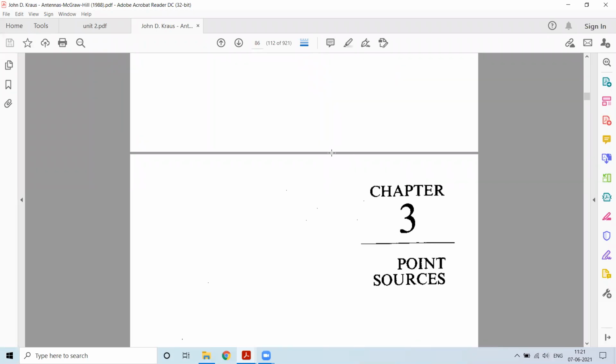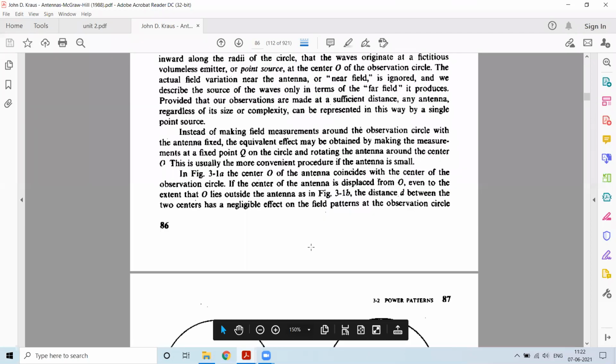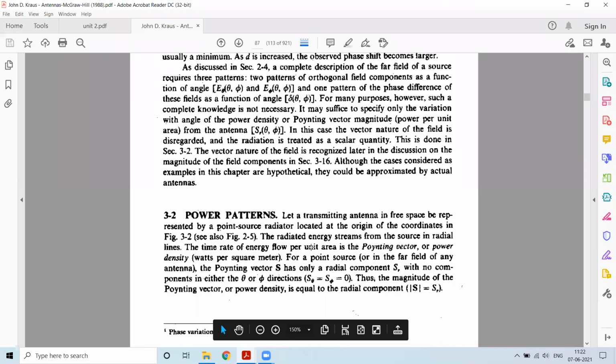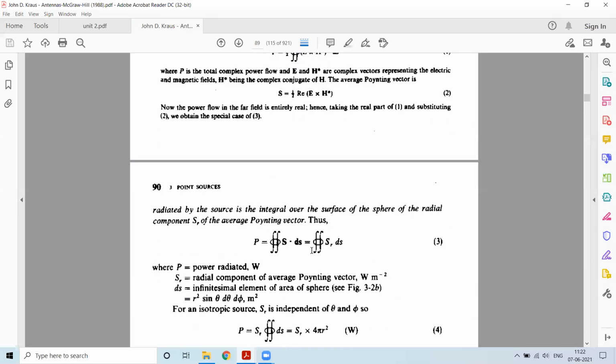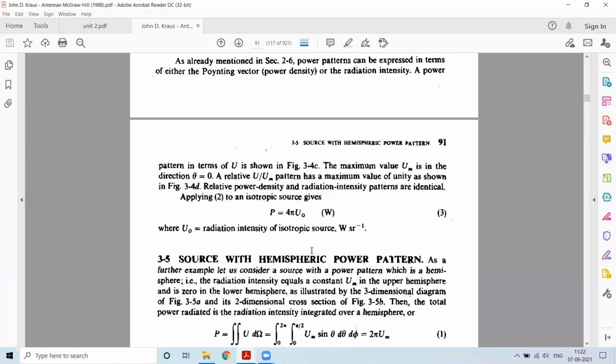So in the previous session, we started off our discussion pertaining to point sources, in which we discussed a few of the concepts and solved a few of the problems related to point sources. And using a radiation pattern, how do we go ahead with identification of directivity?